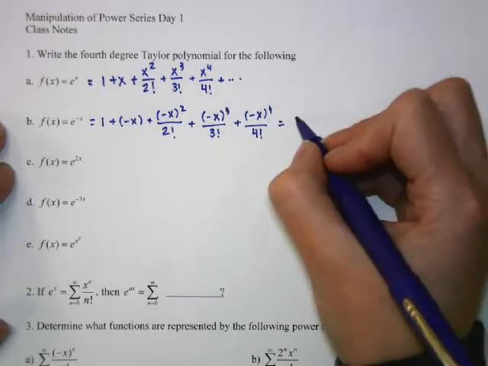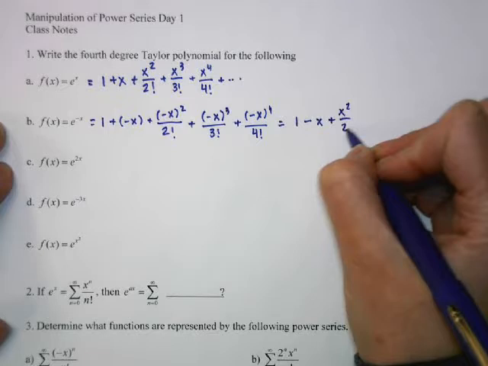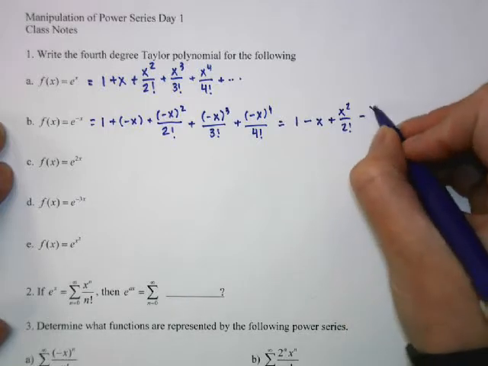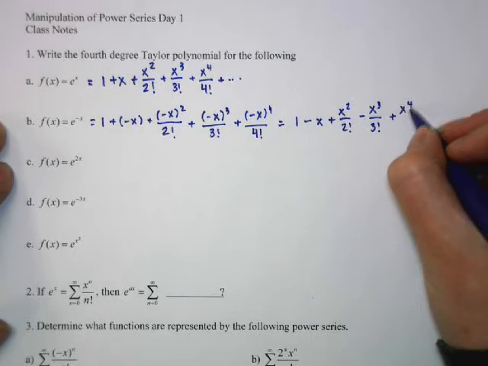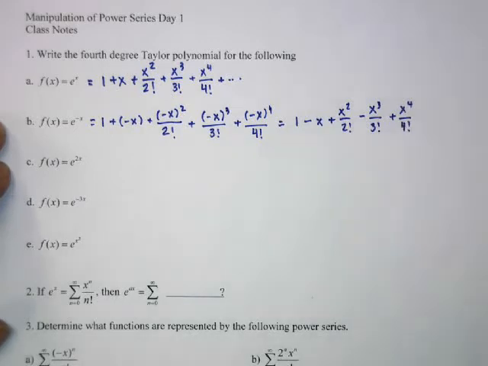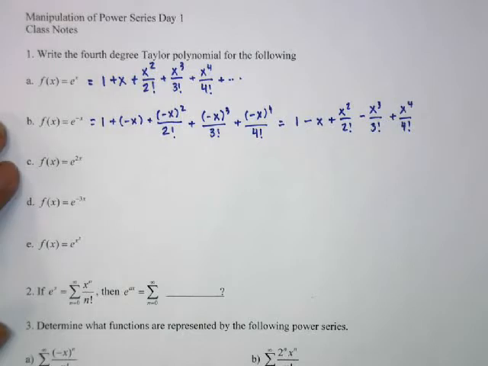So this is going to go to 1 minus x plus x squared over 2 factorial minus x cubed over 3 factorial plus x to the fourth over 4 factorial. And we're just doing the fourth degree, so that's why I'm just stopping at those points.